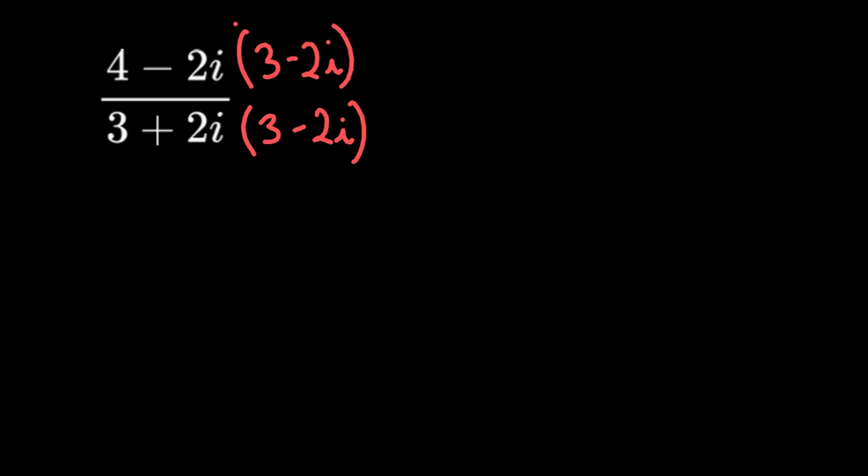When I FOIL on top, that's 4 times 3, which will give me 12. 4 times 2i, that should give me minus 8i. Negative 2i times 3 should be minus 6i. Negative 2i times negative 2i should be plus 4i squared.